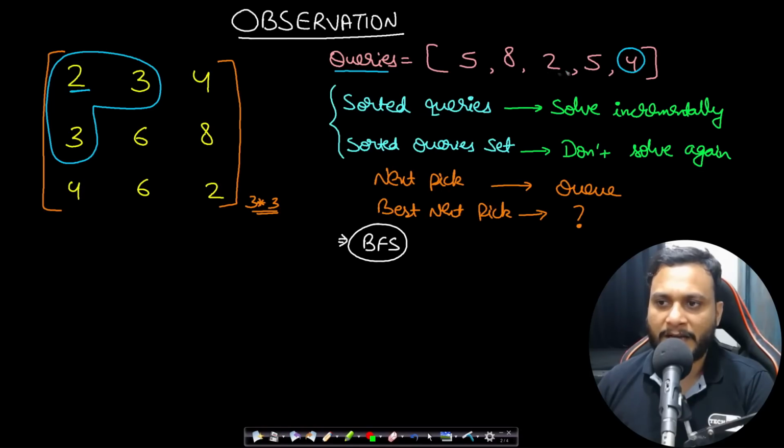And with 5, you can cover all the nodes that you can cover with 4, and maybe something extra as well. So yes, with 5 you can cover this 4 and this 4 as well, so 2 extra coverage, right? You cannot cover this 6 because the value is 5.